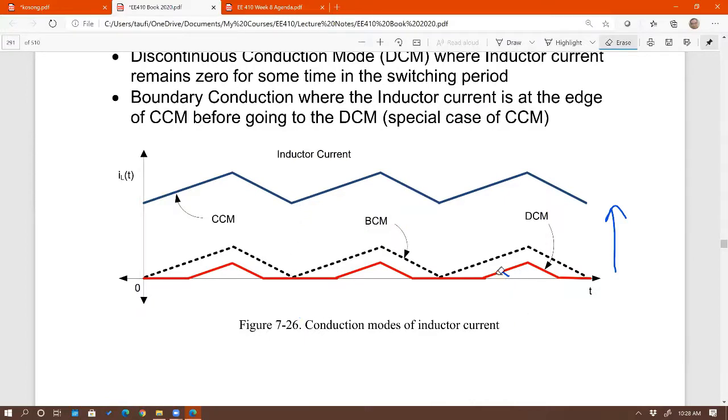Tell me if you disagree with me, okay? If it's steady state condition, then the change in the inductor current when it's going up, right here, because the slope is positive, which is what I call delta IL plus, should be equal to the change in inductor current when it's sloping down that way.